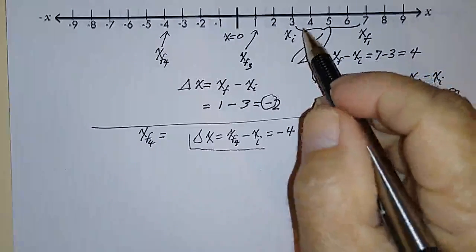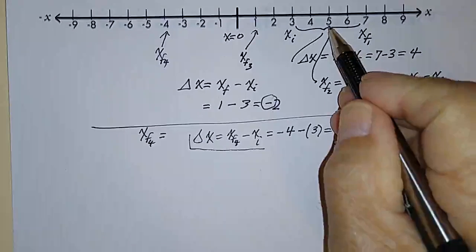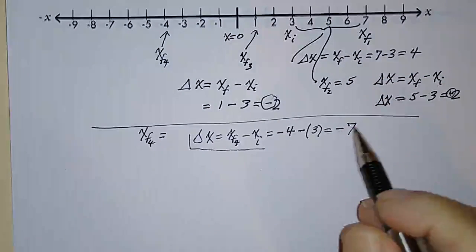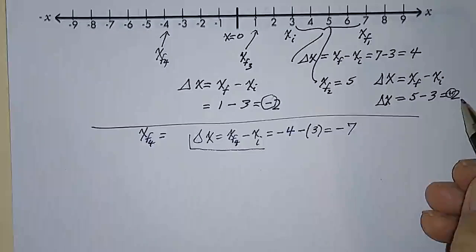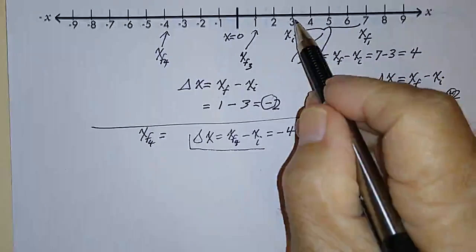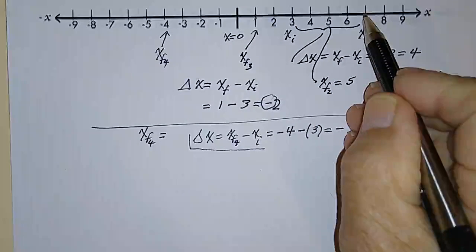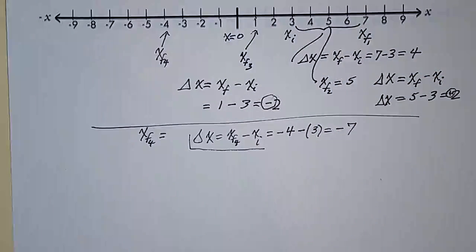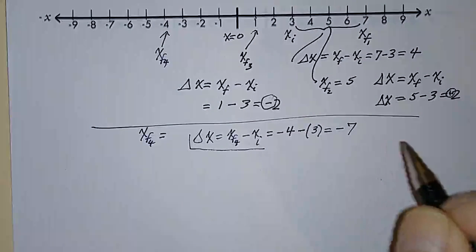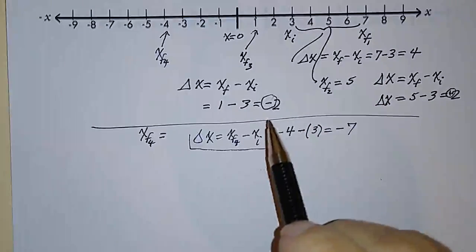And then I said we went from 3 to 7 and then back to 5. So the displacement ended up being positive 2. However, the total distance we traveled was 4 plus 2, which is 6 units. And that's the distance traveled, which is different from the displacement, and it's important to keep that in mind.